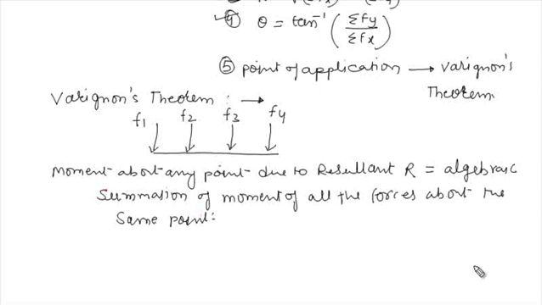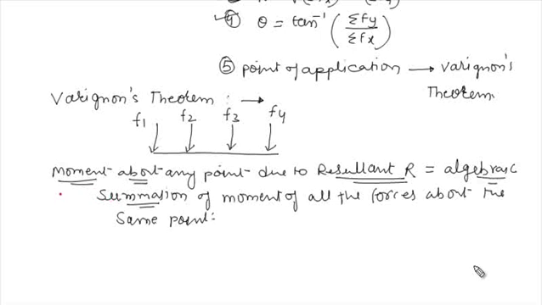So according to Varignon's theorem, the moment about any point due to resultant R equals the algebraic summation of moments of all the forces about the same point. By this way we can easily find the point of application or location of the resultant force.